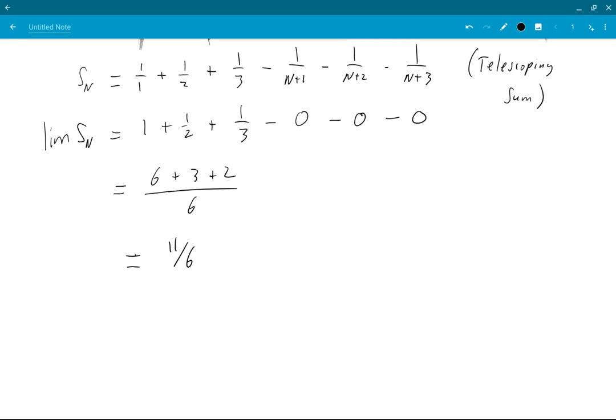So I conclude therefore that the summation of 1 over n minus 1 over n plus 3 is equal to 11 over 6. Convergent.